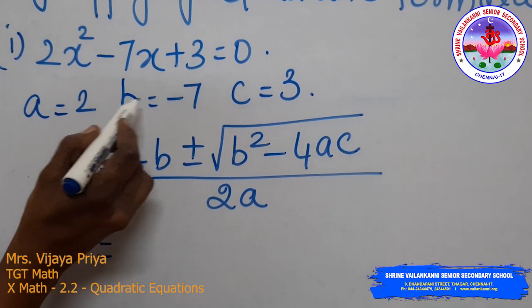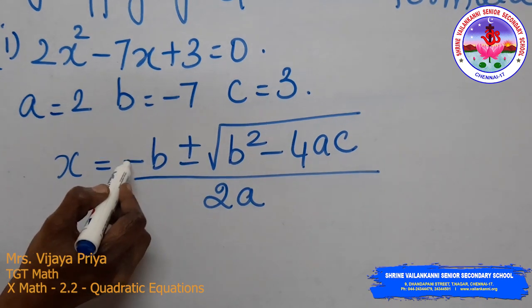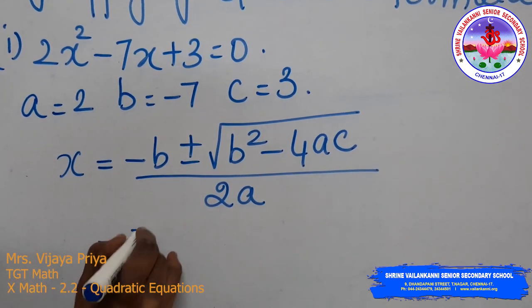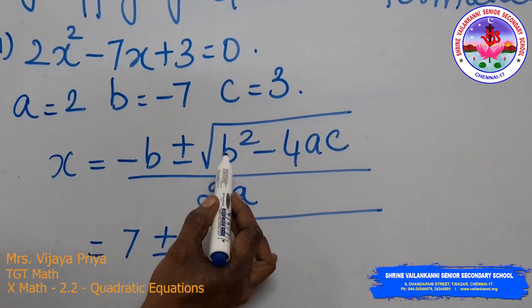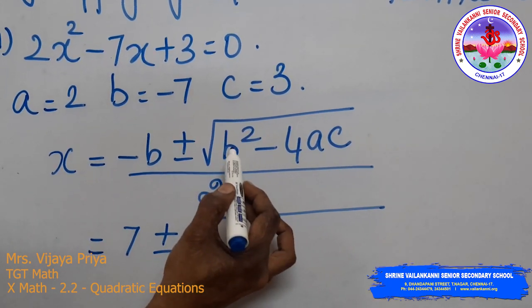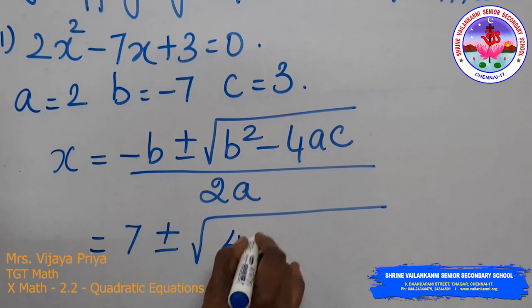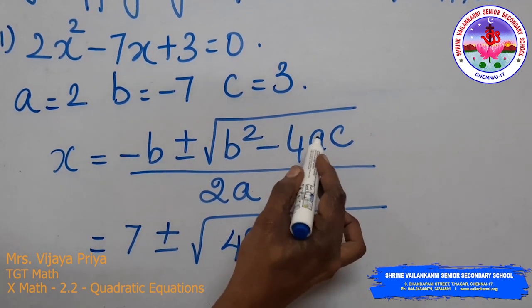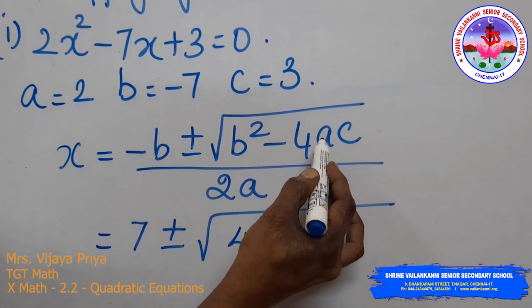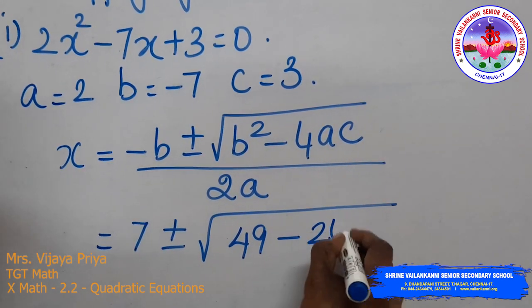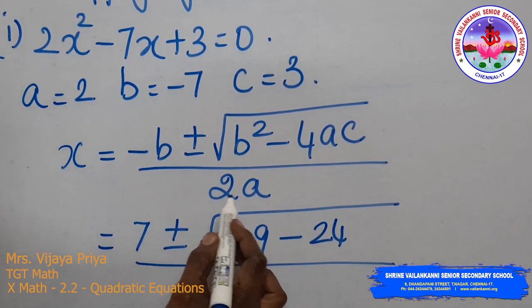So you have b is equal to minus 7. So minus of minus 7 becomes plus 7, plus or minus square root of minus 7 the whole square becomes 49, minus 4ac, 4 into 2 into 3, so 8 3s are 24, divided by 2 into 2, which is 4.